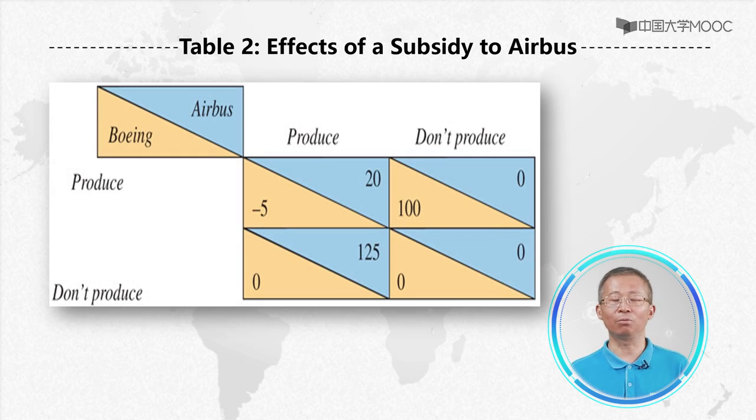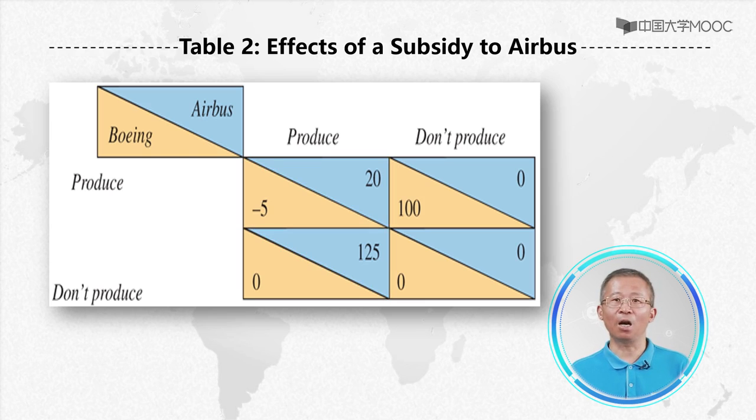Look at table 2. Suppose the European government commits itself to pay its firm a subsidy of 25 if it enters. The result will be to change the payoffs. In this case, it will be profitable for Airbus to produce aircraft, whatever Boeing does.